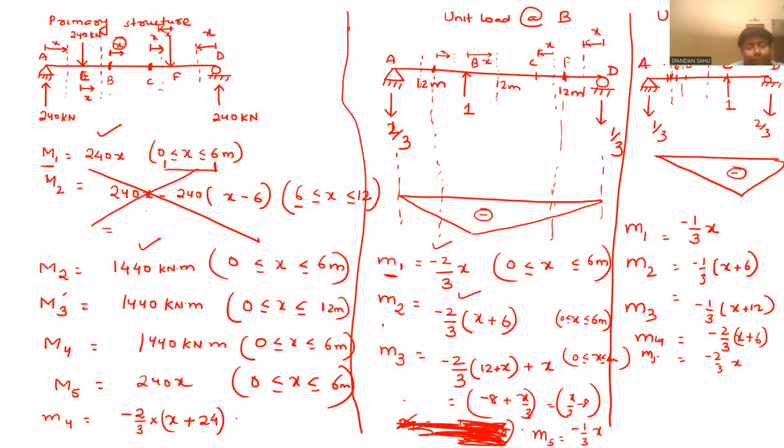Then plus 1 into x plus 12. So you just do the simplification: x minus 2/3 of x is 1/3 of x, and minus 24 plus 12 is minus 12... minus 4 plus 1/3 of x we are getting, right? Yes.